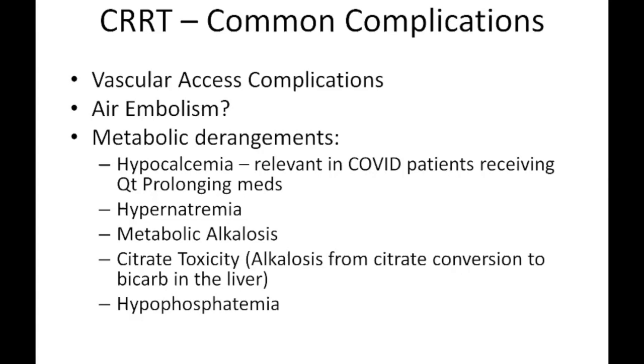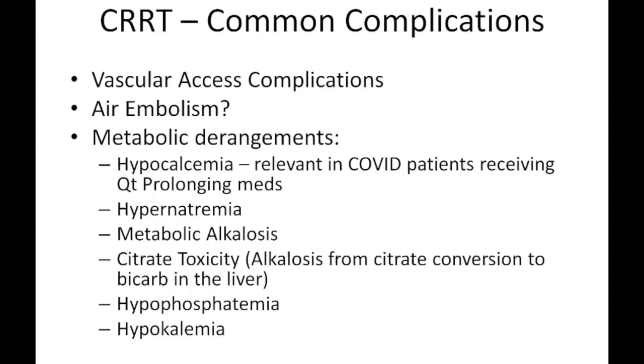Because of the long and effective dialysis, phosphorus levels can drop quickly and need to be monitored every 6 hours. We'll talk about that. And hypophosphatemia, as you know, can cause muscle paralysis, and diaphragmatic paralysis when it's prolonged. Evidence of this is a prolonged vent wean, and also rhabdomyolysis.